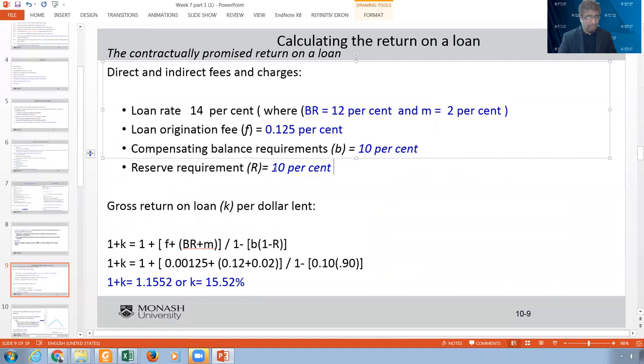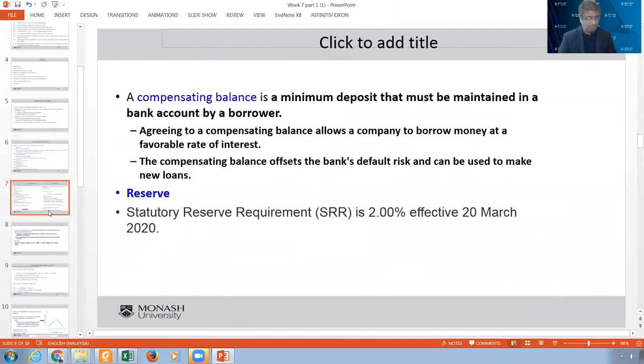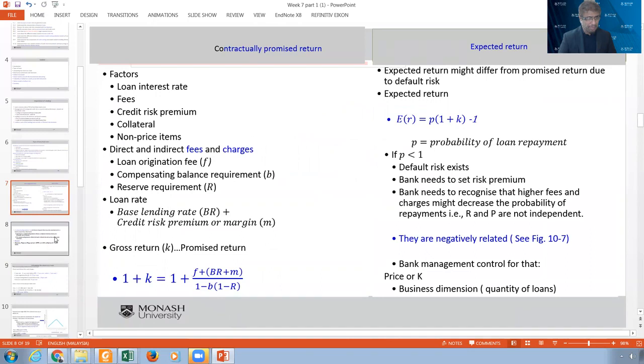And then if the reserve is 10%, if you calculate it, you will find that actually you are paying 15.25. This is just the formula. I didn't do anything. I calculated also.